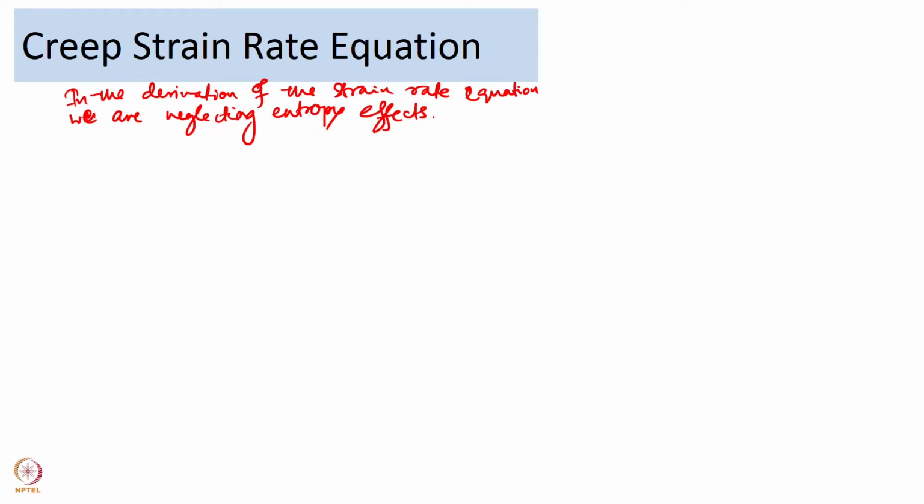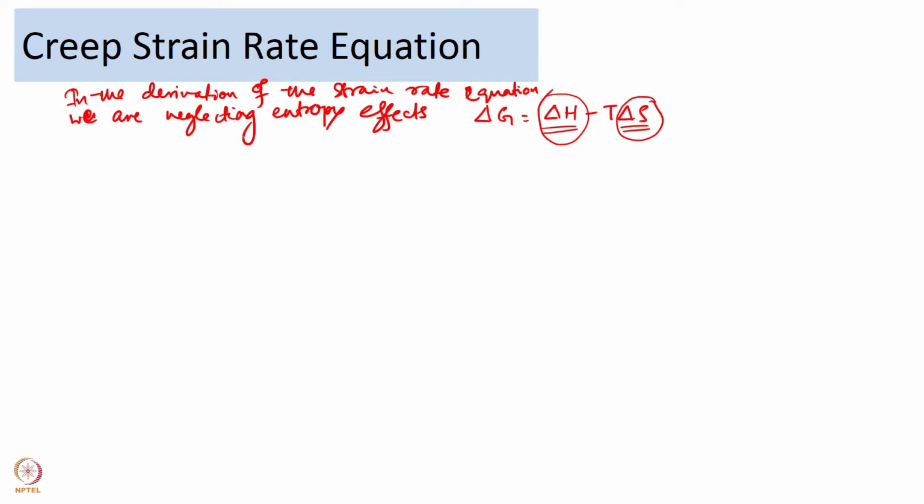When the dislocation moves from A to C, we are talking about a free energy change, and generally we say delta G is delta H minus T delta S. This is the enthalpy change and this is the entropy change, but in creep conditions people generally ignore the role of delta S. So, whatever free energy change is happening is generally described in terms of delta H only.